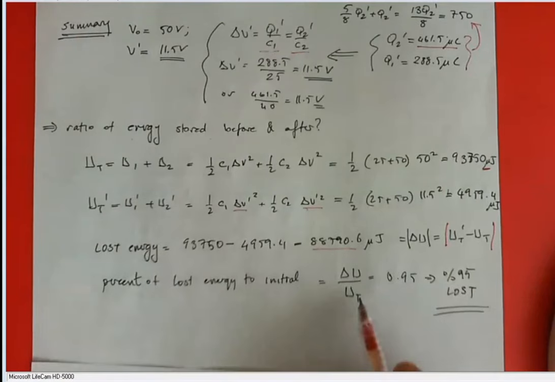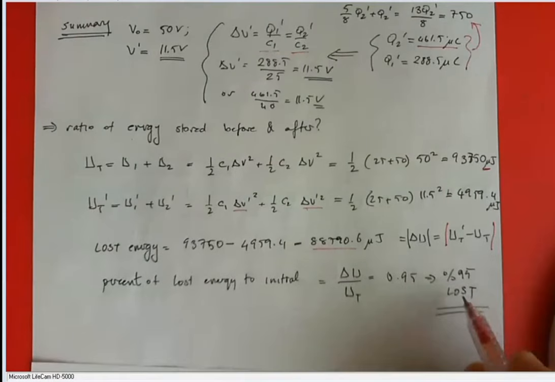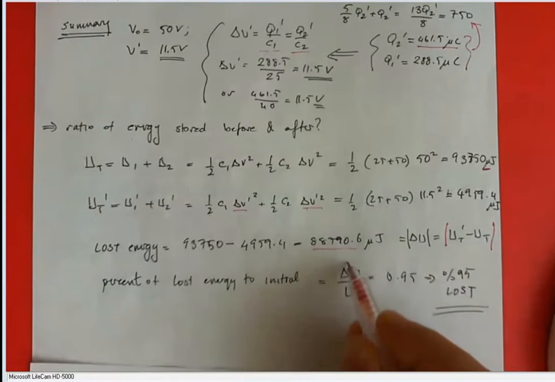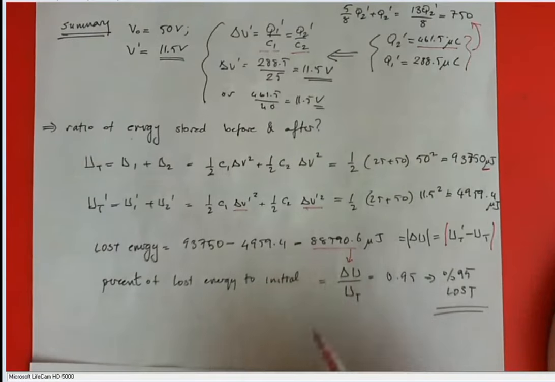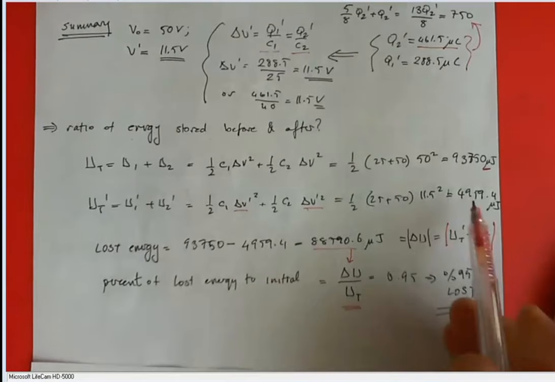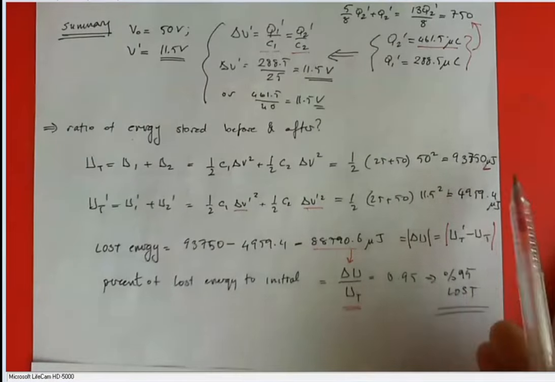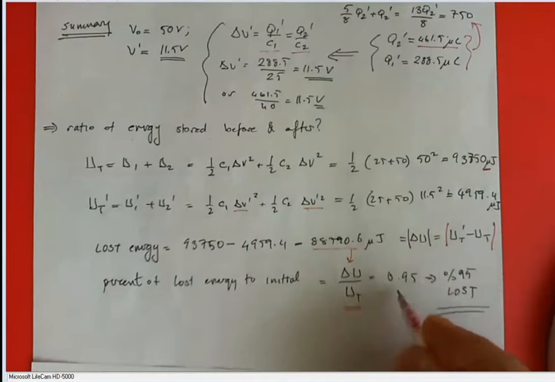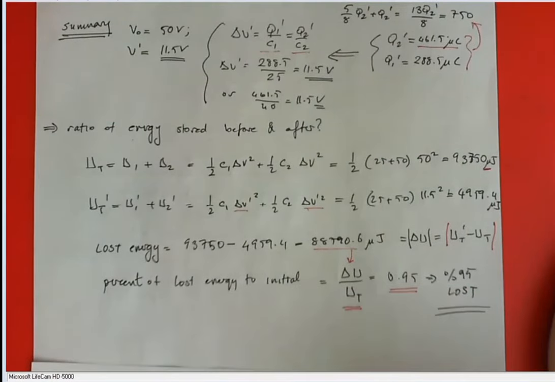If you want to find the percentage of the lost energy, that is the lost energy divided by UT, which is 93,750, and we'll see that 95% of the energy is lost. That's due to most of the charges canceling each other, the positive and the negative charge. So most of the energy is gone there. All right.